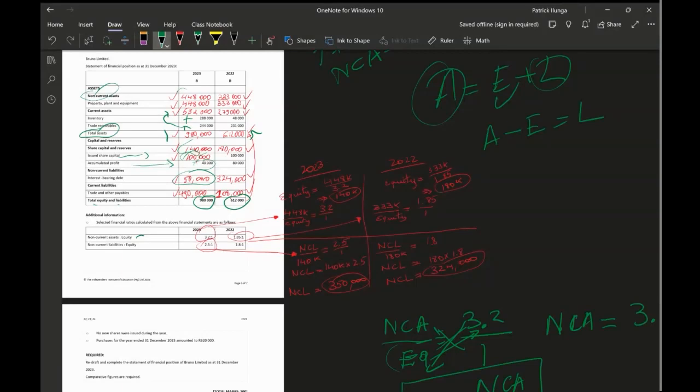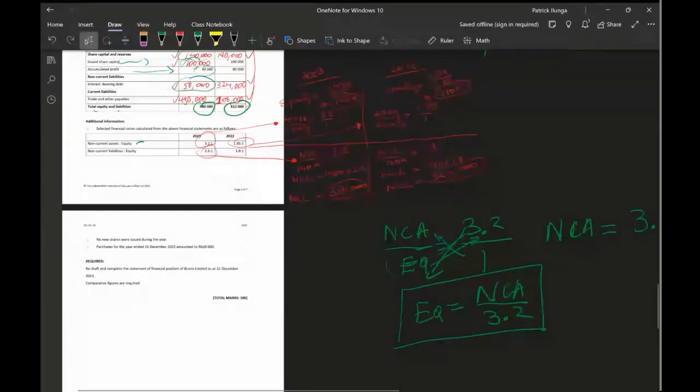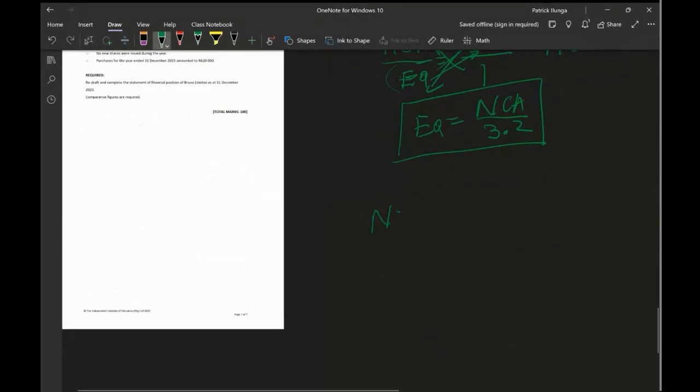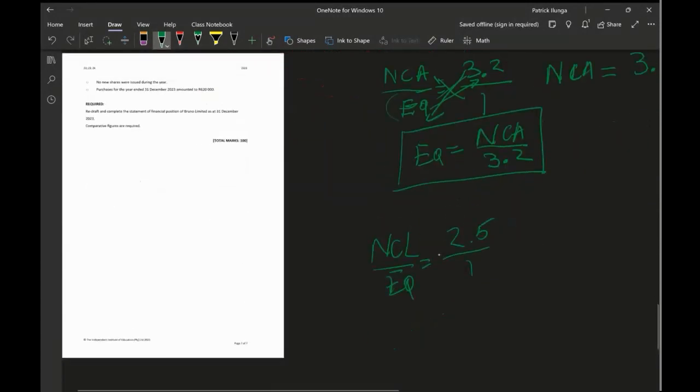Now they give you even something on top of that. They tell you that non-current liability divided by equity for 2022, for example, is 2.5. I managed to get the equity. I know what the equity is, but I don't know what the non-current liability is.